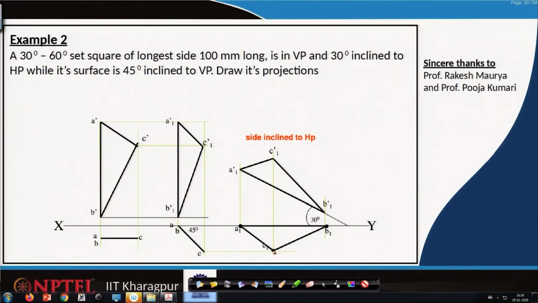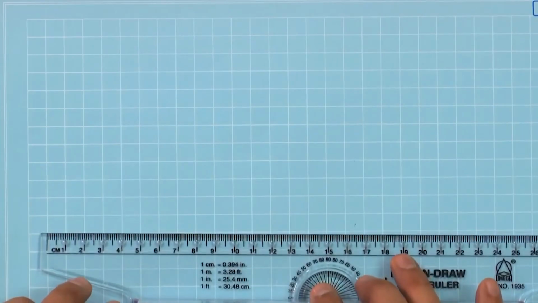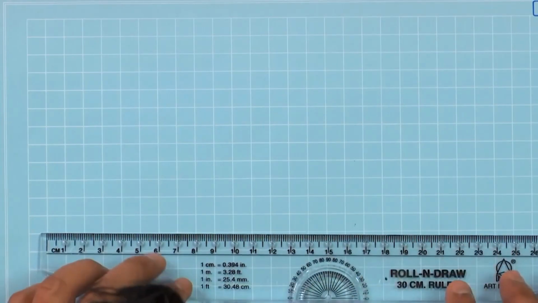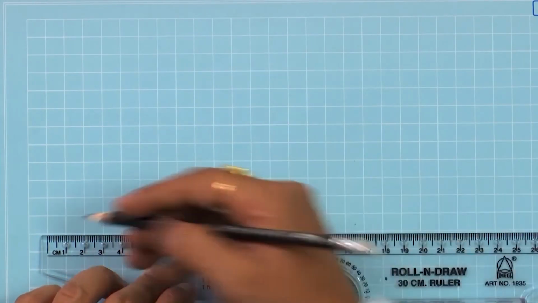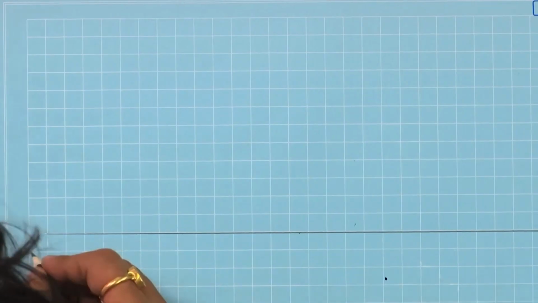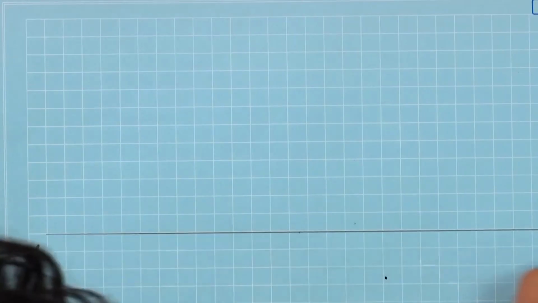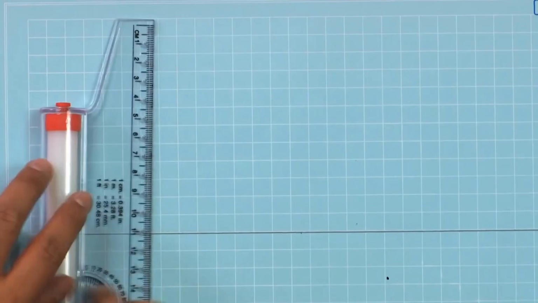First of all, on the drawing sheet, construct a horizontal line, the xy axis. This is the xy axis. In that axis, 100 mm long we have to use first.